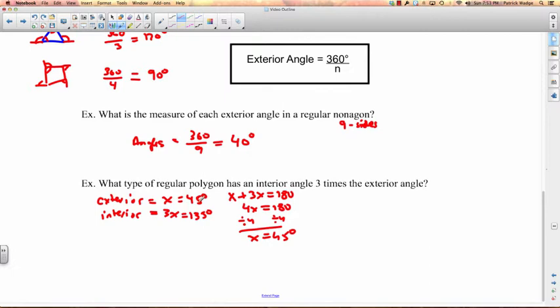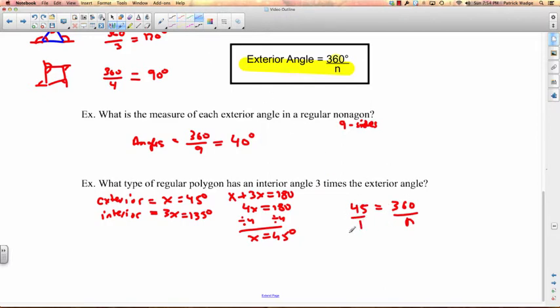Which of those will be really useful? I would say the exterior angles, because look, we can throw it into this equation right here to figure out what n is. So that's what we'll do. If each exterior angle is 45 degrees, and we know that the exterior angle is equal to 360 divided by n, the number of sides, I just need to solve this in order to get my answer. Why don't I put this over 1 and cross multiply?